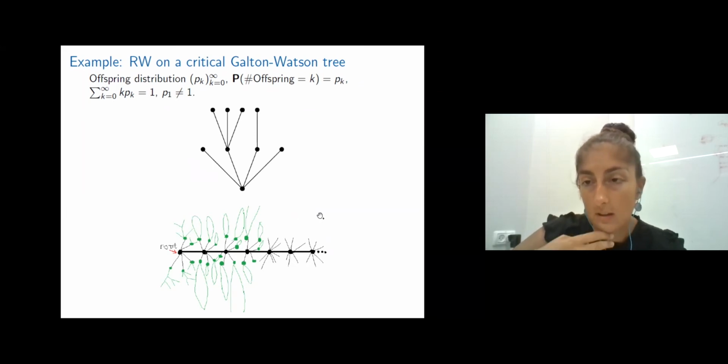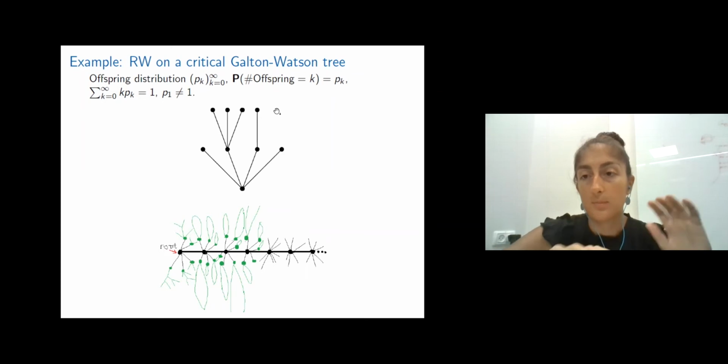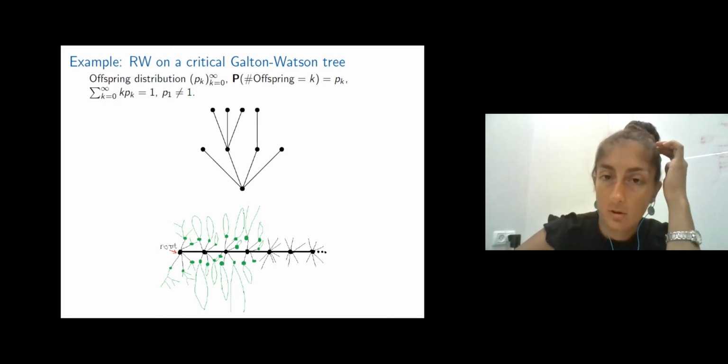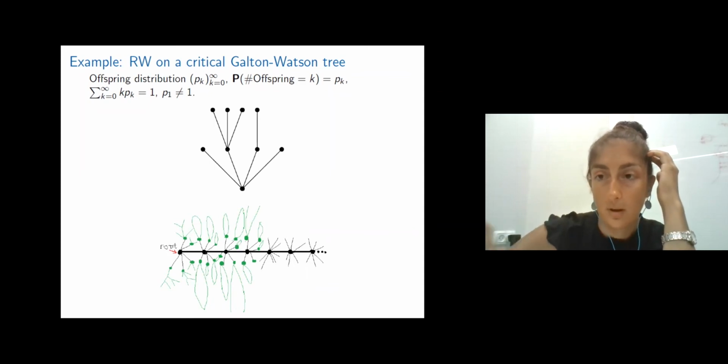And what naturally happens is that if you condition a critical Galton-Watson tree like this to have height at least n, say, then you really just have one path that survives to height n, and you create a natural size biasing on the offspring distribution along this one path. Because if this vertex has k children, you also have k options for which is the next vertex on this special path.